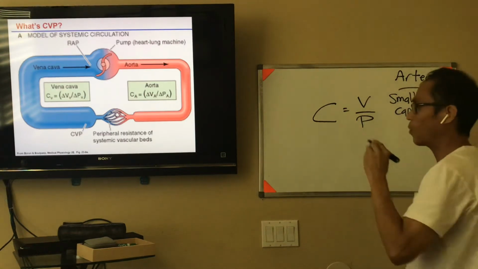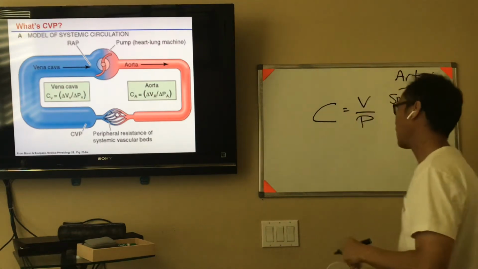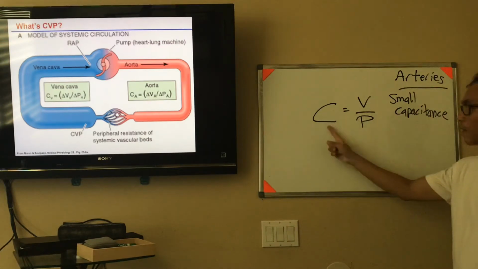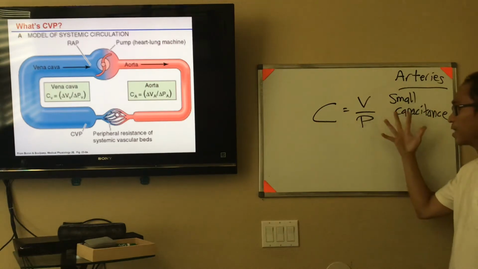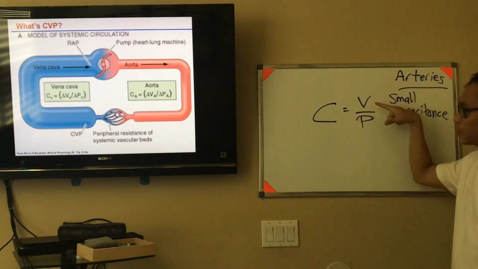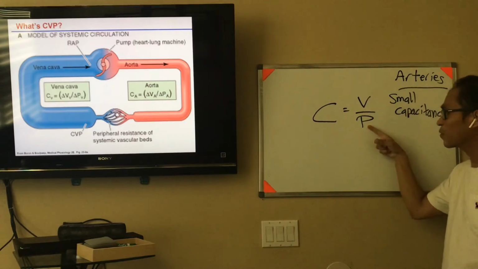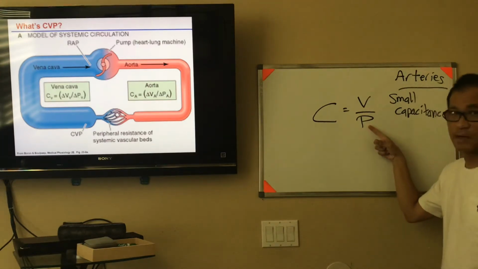I said that arteries are small capacitance. That C, that number, it's a small number. What I had said was arteries hold a small volume of blood. So imagine a small number in the numerator, but the pressures we observe are very high.